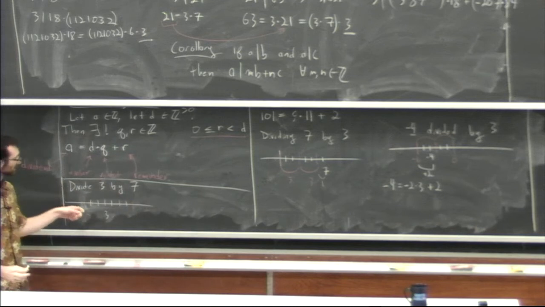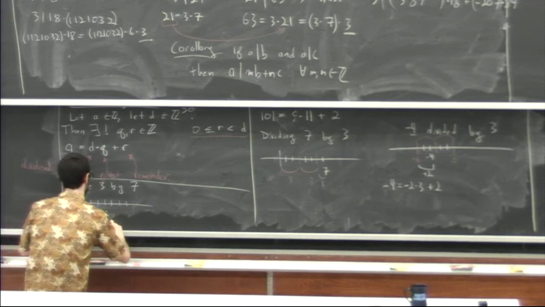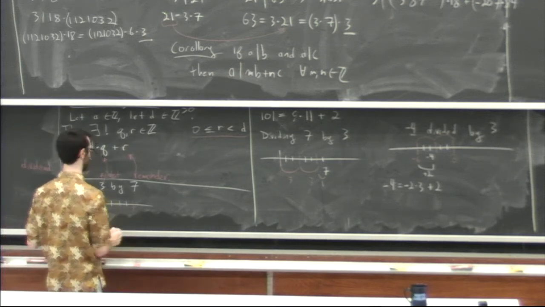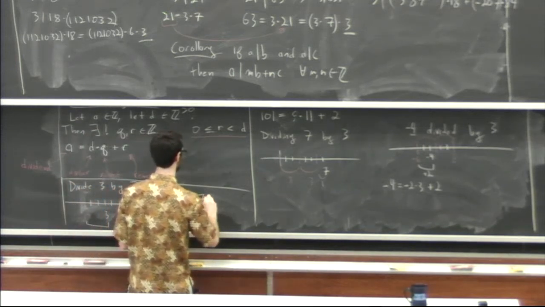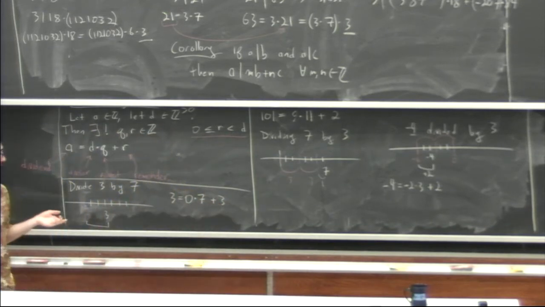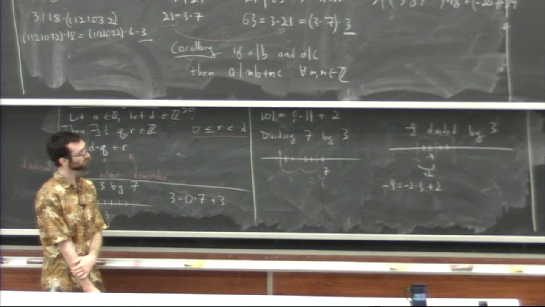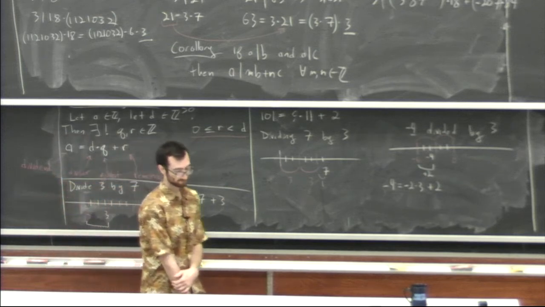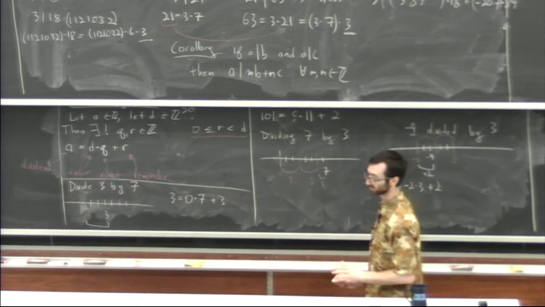And what I look for is the largest multiple of 7 that is below the number that I'm interested in, namely 0. And then I add the remainder. So 3 is equal to 0 times 7 plus 3. 3 is the remainder of 3 divided by 7. And the quotient is 0 in this case. Okay, hopefully this is manageable.